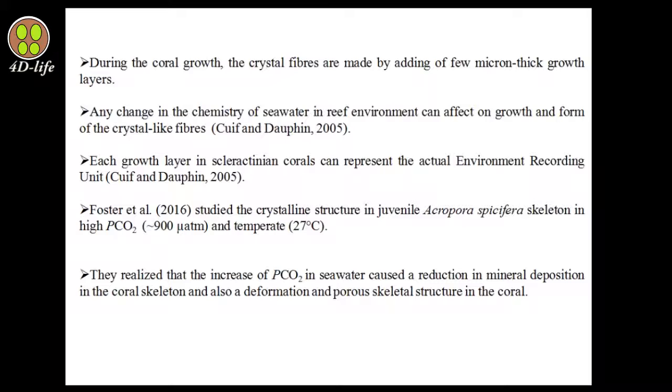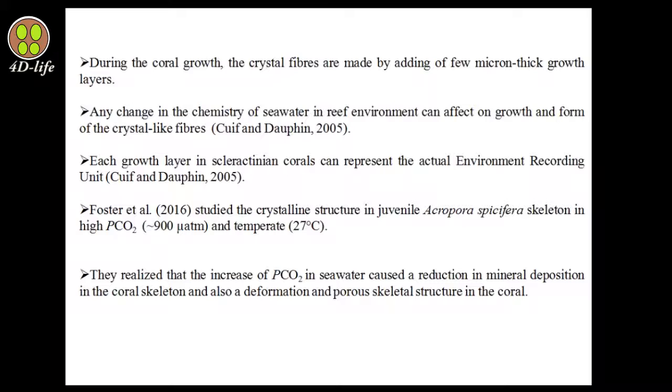One of the good examples of this research is Foster et al. in 2016. Foster et al. studied the crystalline structure in juvenile Acropora pulchra in high pCO2, 900 microatm, and a temperature of almost 27 centigrade.